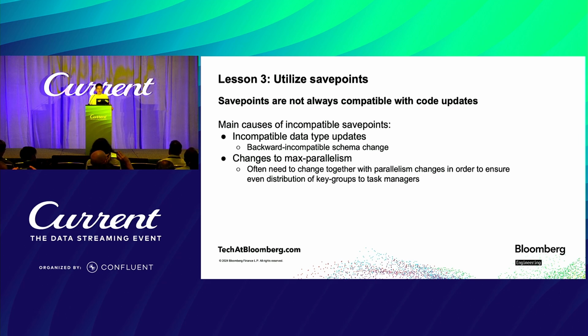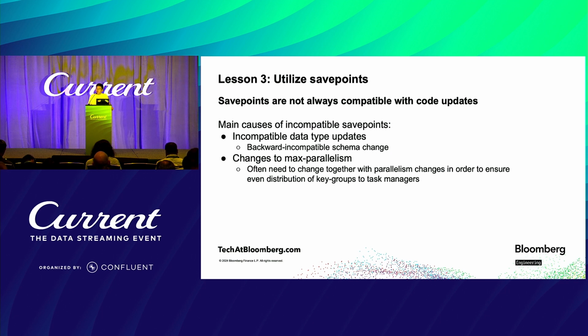So this is when we need to make backward incompatible changes to the record type schema that we use in our Flink application. The other one is what we discussed previously, changes to the max parallelism. Right? So in our application, we often change this parameter together with the configured parallelism of the operator to ensure even distributions of key groups to task slots.